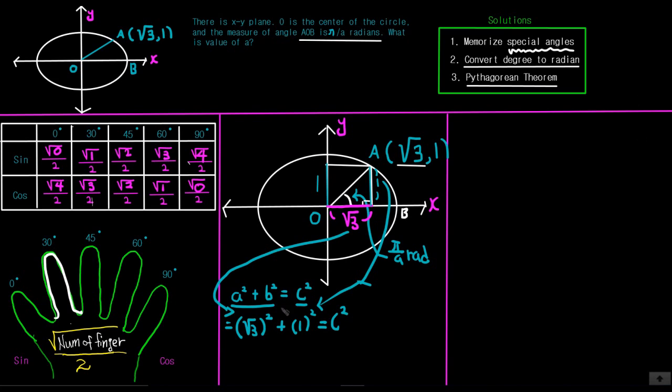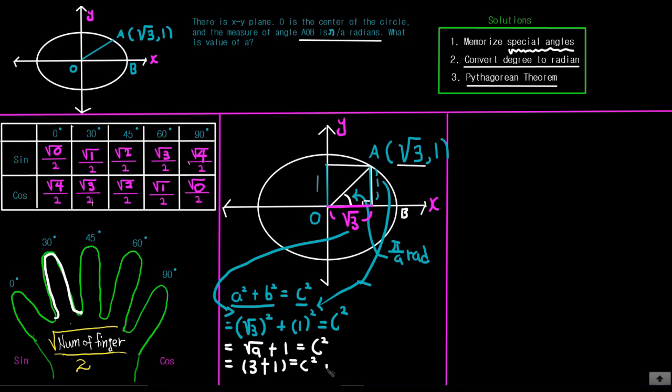So we can simplify our equation, and we can see that square root of 3 squared is equal to square root of 9, plus 1 squared is just 1, and that should be equal to c squared. But square root of 9 is just 3, and then plus 1, and that should be equal to c squared.